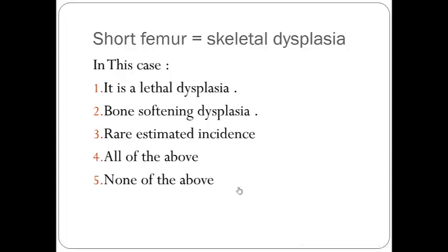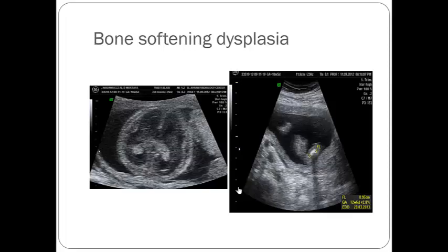What we can say is short femur equals skeletal dysplasia. In this case, is it lethal dysplasia, bone softening dysplasia, rare, estimated incidence: all of the above or none of the above? I think it is all of the above. It is a lethal dysplasia with bone softening and rare estimated incidence.